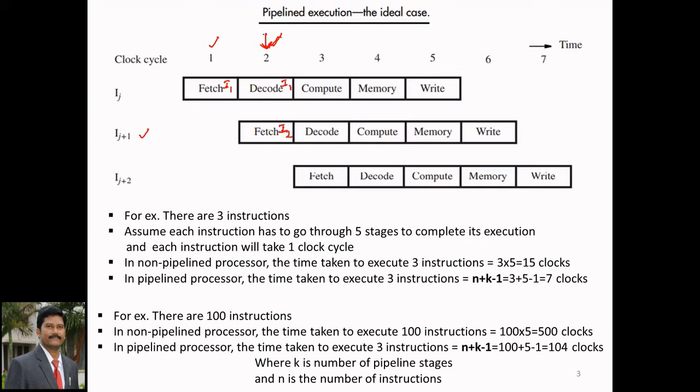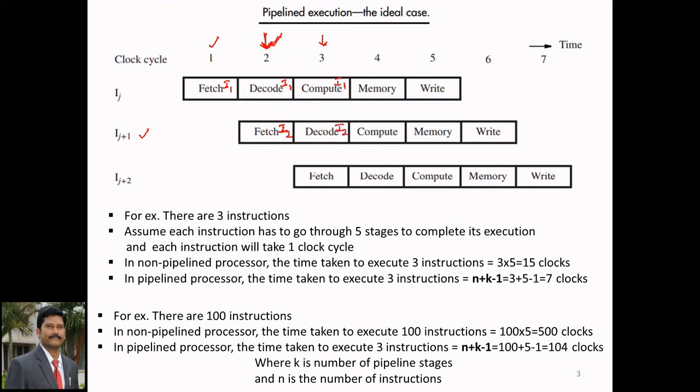See here at clock cycle 2, what is happening? The decode unit is decoding instruction I1, and the fetch unit is fetching instruction I2. Now at clock cycle 3, I1 is already decoded and given to the execution unit, so I1 is computing the operation. At that time the decode unit is free, so the fetched I2 is given to the decode unit.